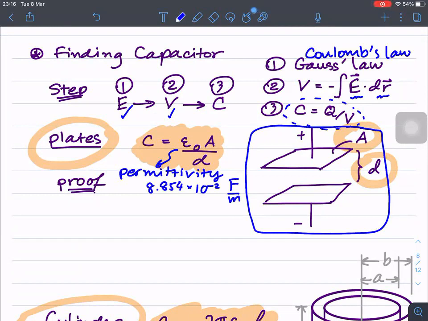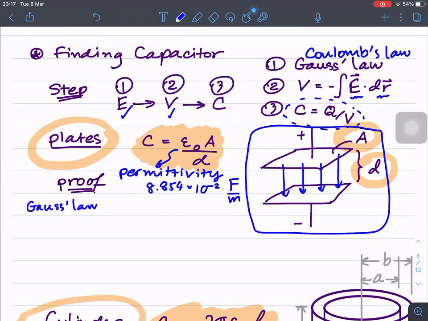Okay, so firstly, we try to apply Gauss's law for the parallel plate. So from Gauss's law, if you are given the parallel plate, you can see that the electric field would be found coming out from the positive pole and going into the negative.